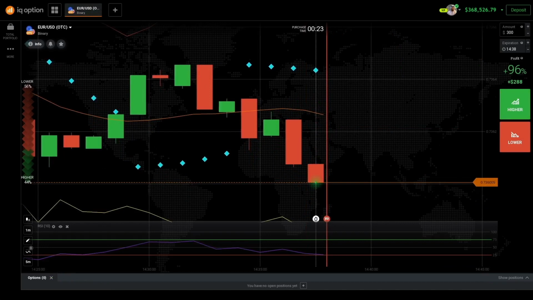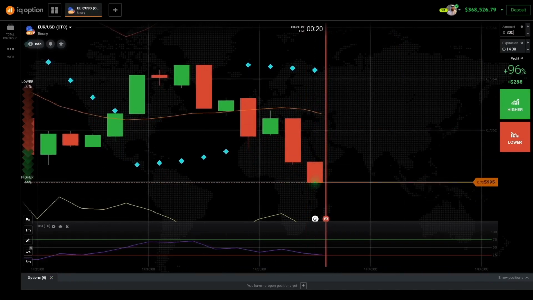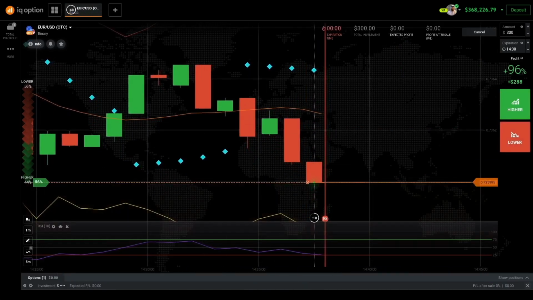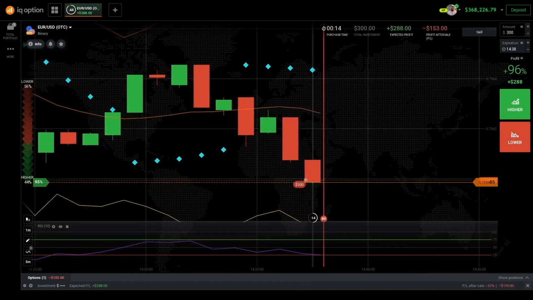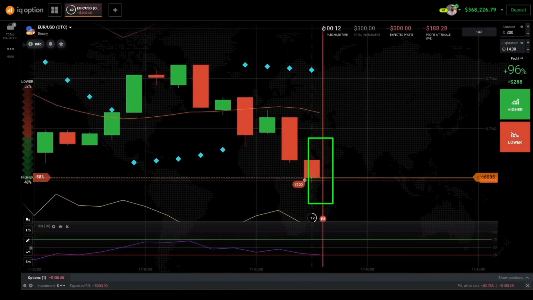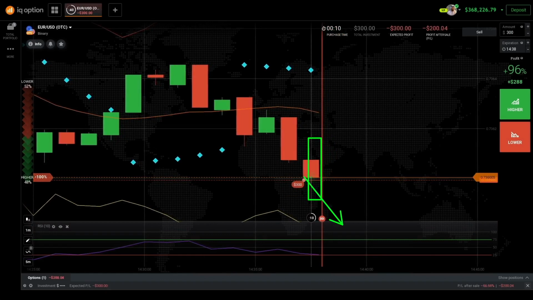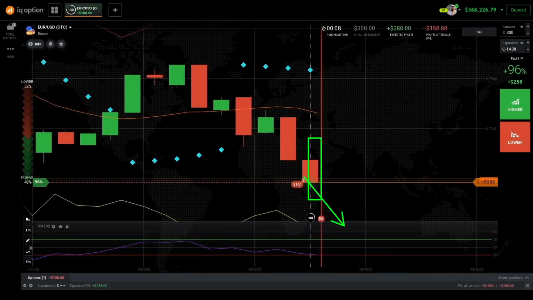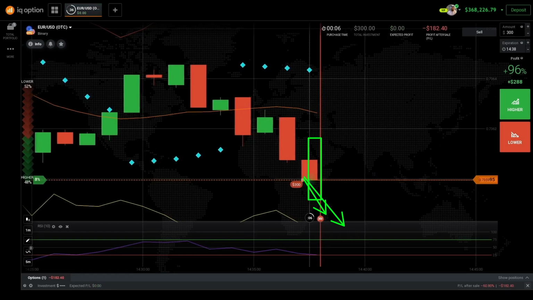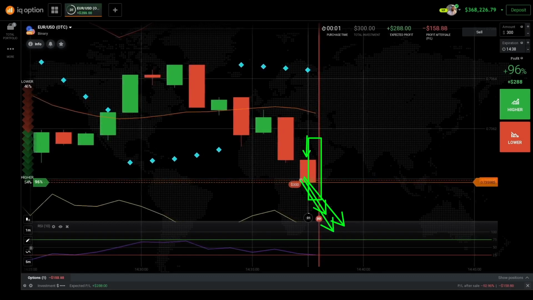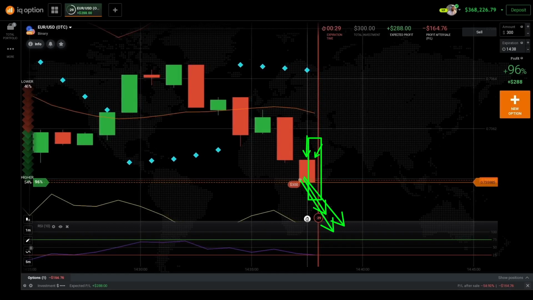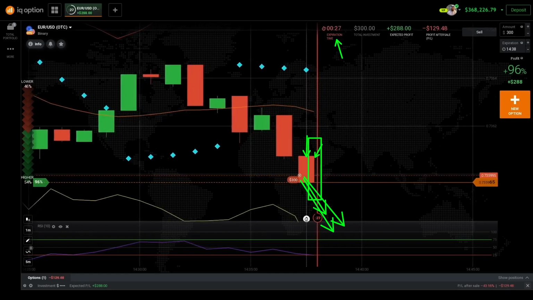I'm comfortable. You need to be comfortable with your trading, guys, because look, here we have a downtrend. A $300 downtrend. This candle is going down. This is going to be a red candle by the end of this expiration time.